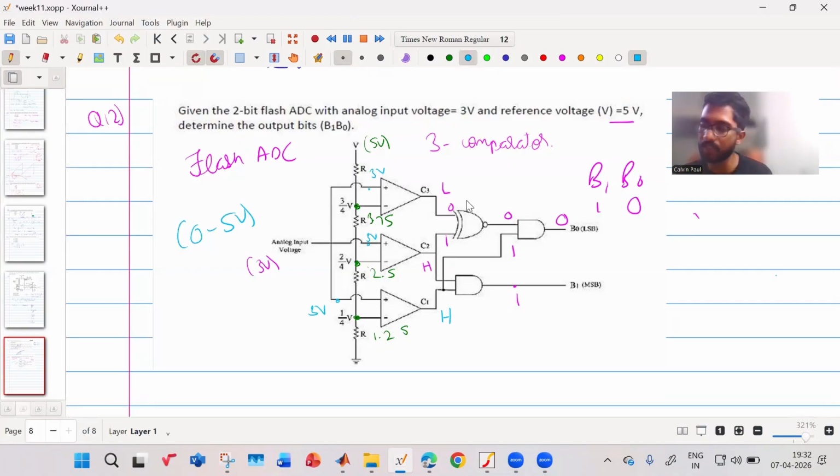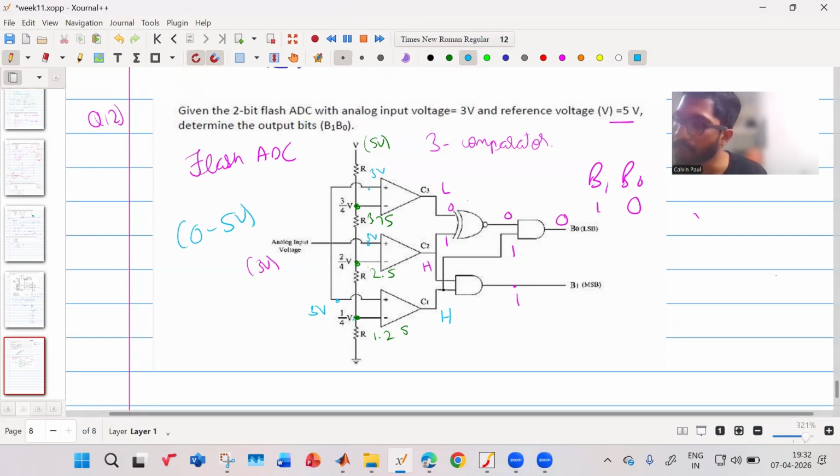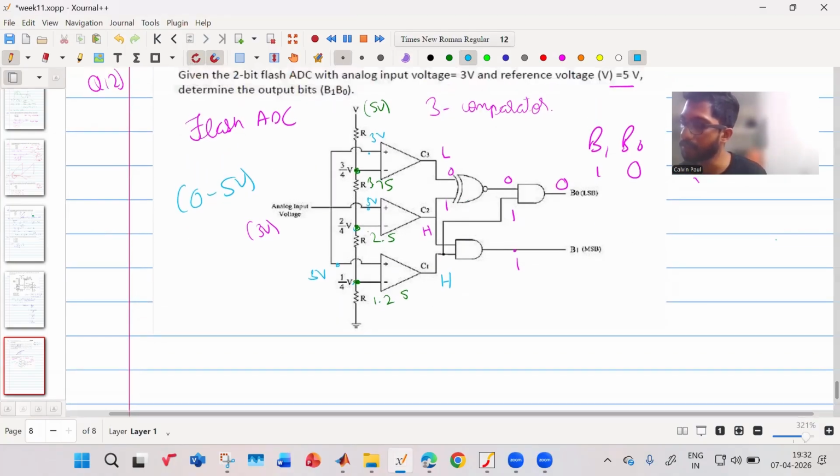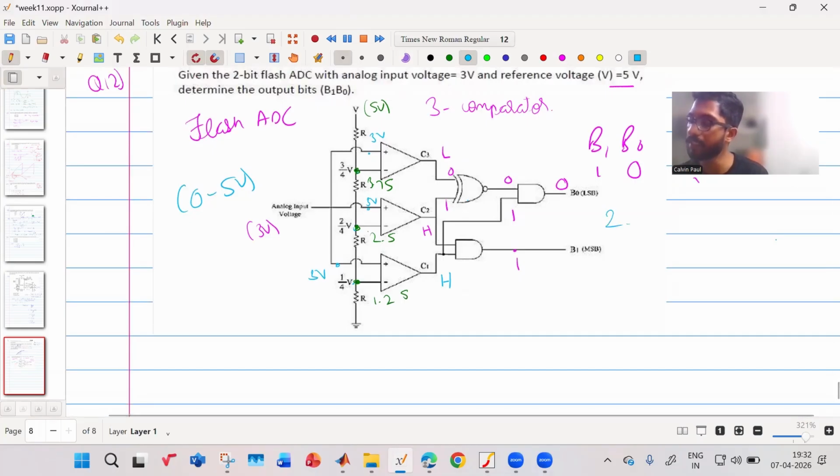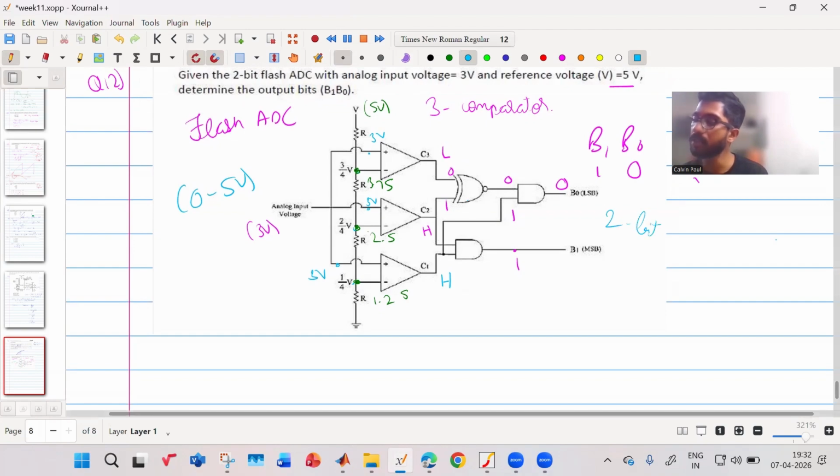Here, we are checking at multiple levels. One I'm checking with 1.25, one with 2.5, one with 3.75. So the input voltage is checked simultaneously against the reference levels, and you get some HHL. But this is a 2-bit ADC, so it requires only 2 bits.